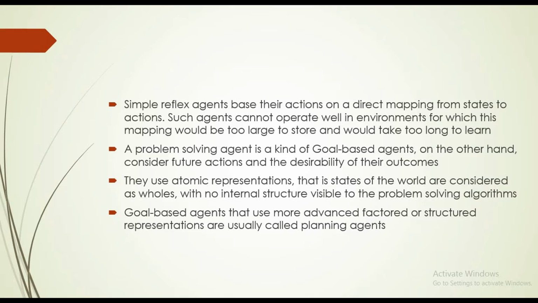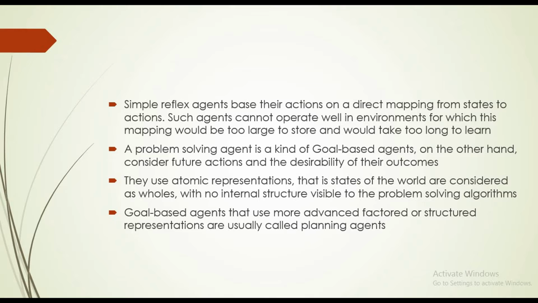This problem-solving agent, a kind of goal-based agent, on the other hand, considers the future actions and the desirability of their outcome. It's able to decide on quite a number of possible actions, and also to consider what might happen if it takes certain actions.